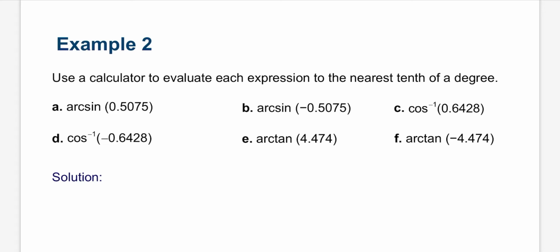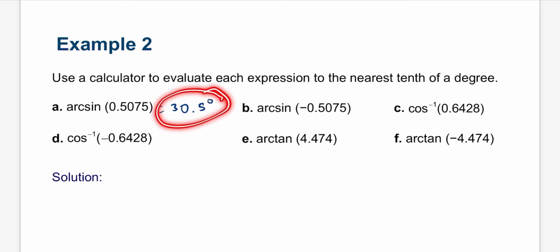All right, for these problems, we just need to use our calculator. So let's try a few of these. So for the first one, inverse sine of 0.5075, and they want us to be in degree mode, as you can see. So change your calculators to degree mode if it's not already in it. Inverse sine of 0.5075 is 30.5 degrees.